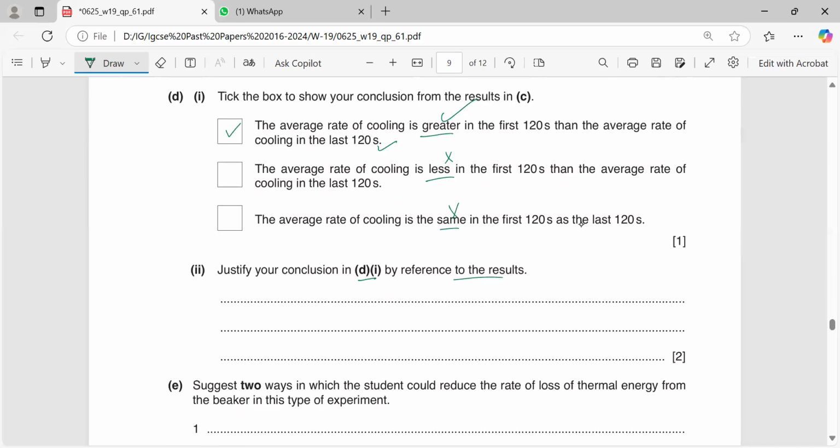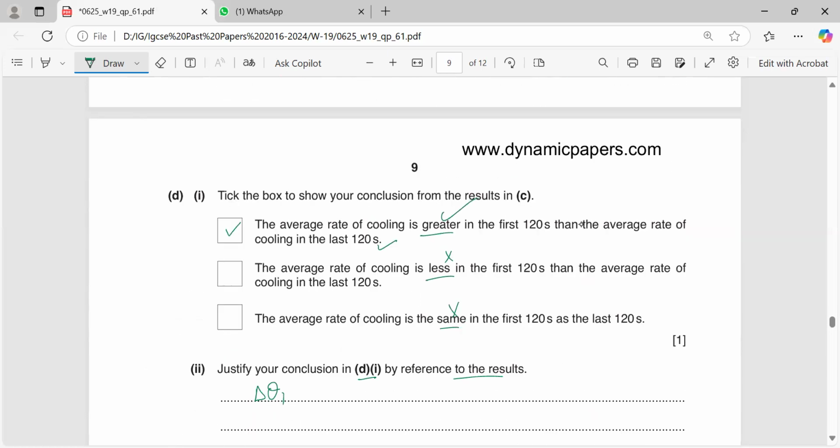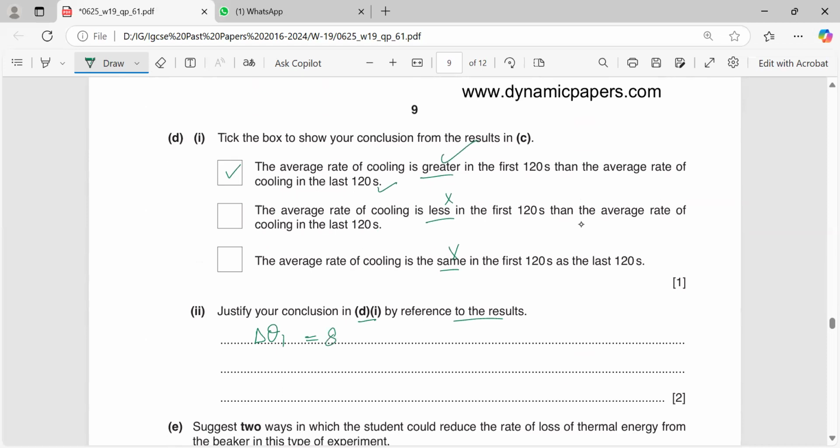And how will we write? You will say that delta theta 1 is equal to 95 minus 85, which is equal to 10 degrees Celsius.